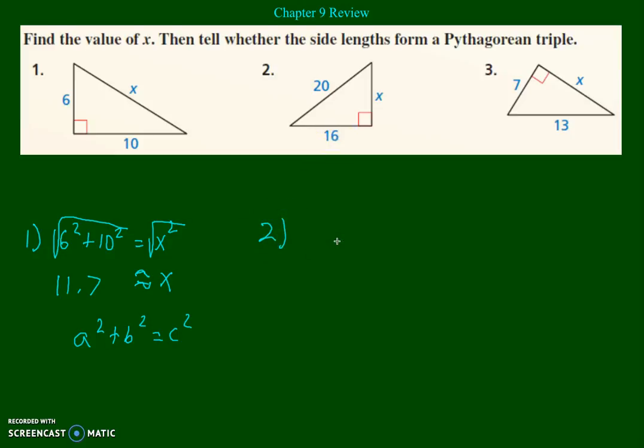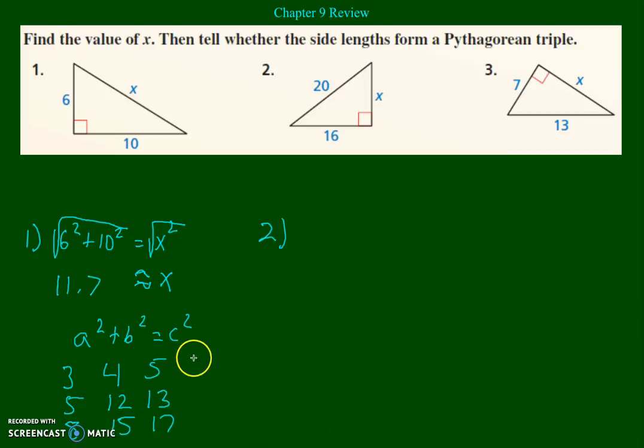Before we go any further, I'd just like to recap what a Pythagorean triple actually is. A Pythagorean triple is a set of 3 integers that satisfies this expression. The 3 most common ones that you're going to find are 3, 4, 5; 5, 12, 13; and 8, 15, 17.